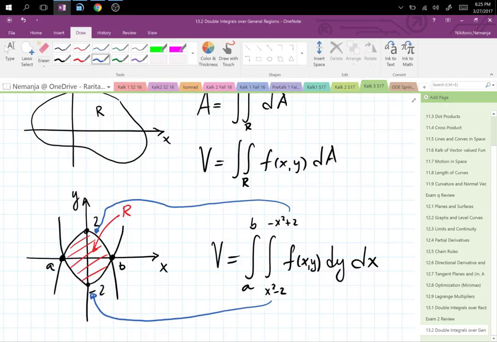Is it three dimensional? Sure, you still have dy, you still have dx, and you still have f of xy, so that's z times x times y, it's a volume, right? So it's definitely a volume integral, but you see that your limits now contain functions.